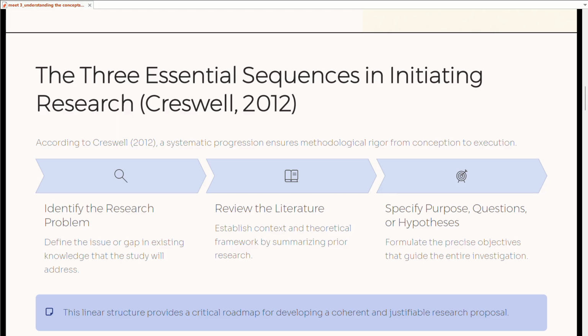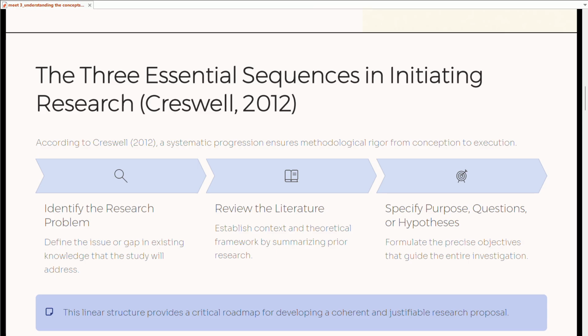Then the third step is to specify purpose, questions, or hypothesis. It depends on the approach you are using, quantitative or qualitative. But we still need to formulate precise objectives that guide the entire investigation. Because doing research is actually doing an investigation, so you are looking for answers to your question.